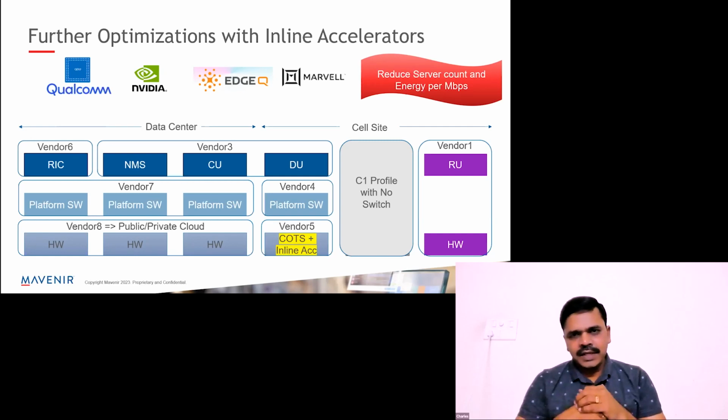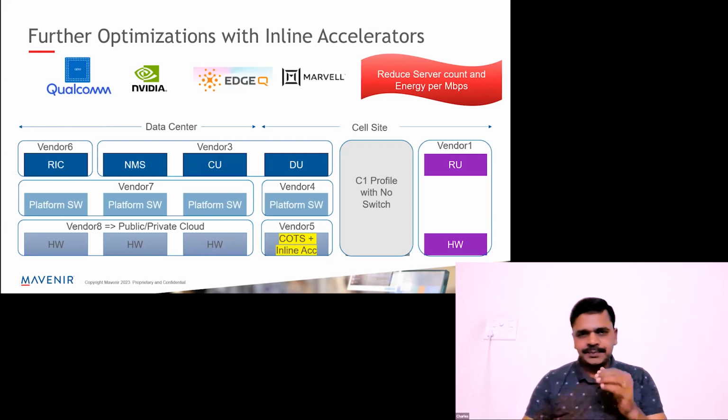So one of the natural ways to progress is to offload something that is very much compute intensive. When you look at the DU, 60-70% of the compute is contributed by layer 1. So by offloading layer 1 to inline accelerators, you basically increase the capacity of a given server by 2.5 to 3 times, which allows you to keep the number of servers required in a cell site within 1 or 2 servers, and at the same time provide a huge capacity improvement at the cell site.